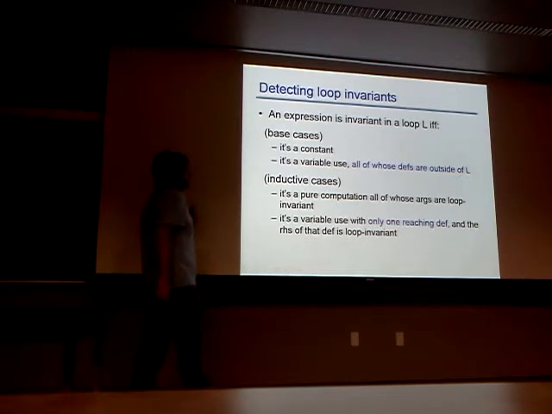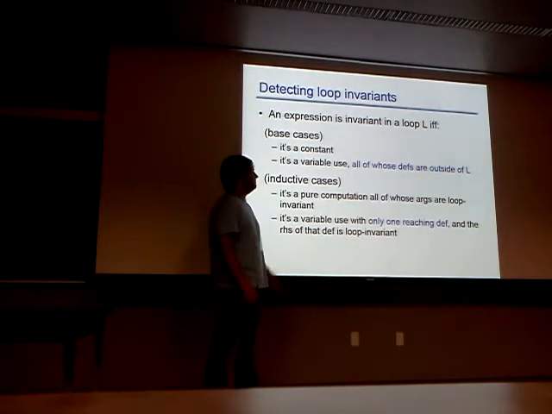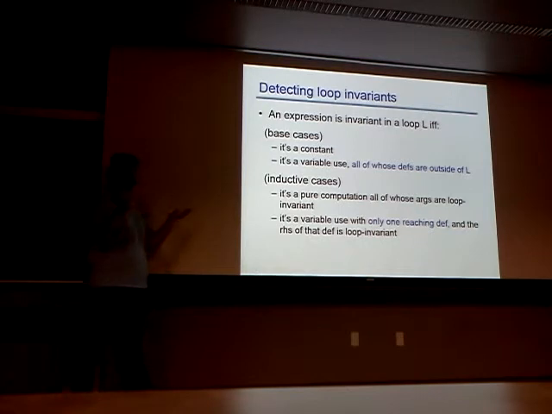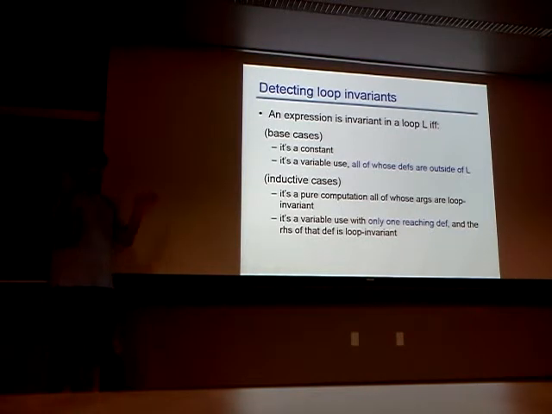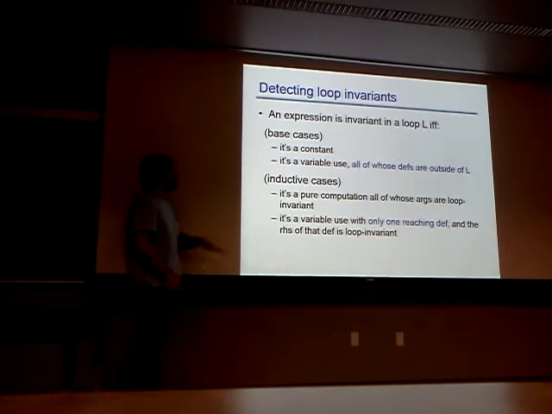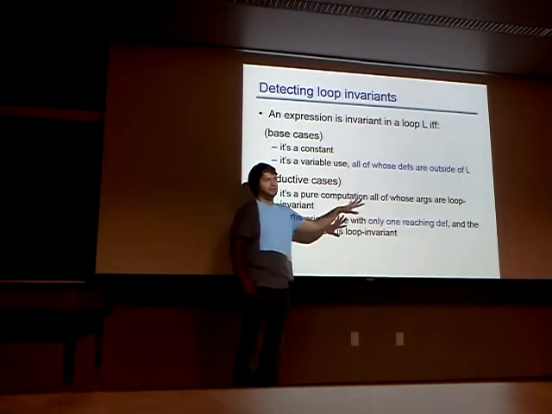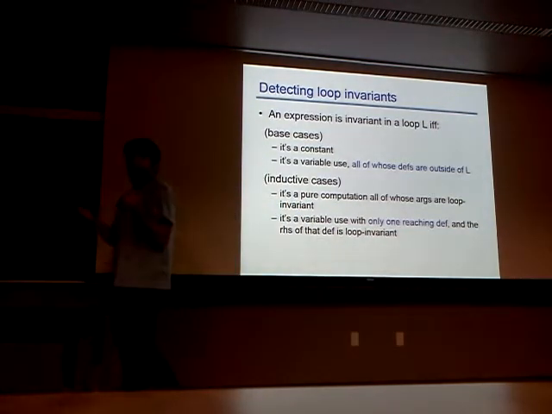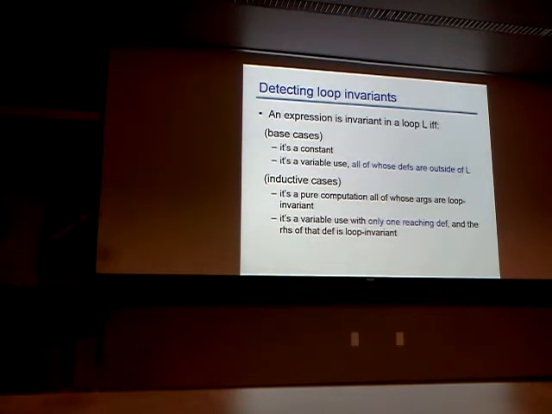And then there's this inductive case where if it's a pure computation whose arguments are loop invariant, then that expression is also loop invariant. Pure here means that there are no side effects, no bizarre things going on. It has to be a computation where the result is fully determined by the values of the input.